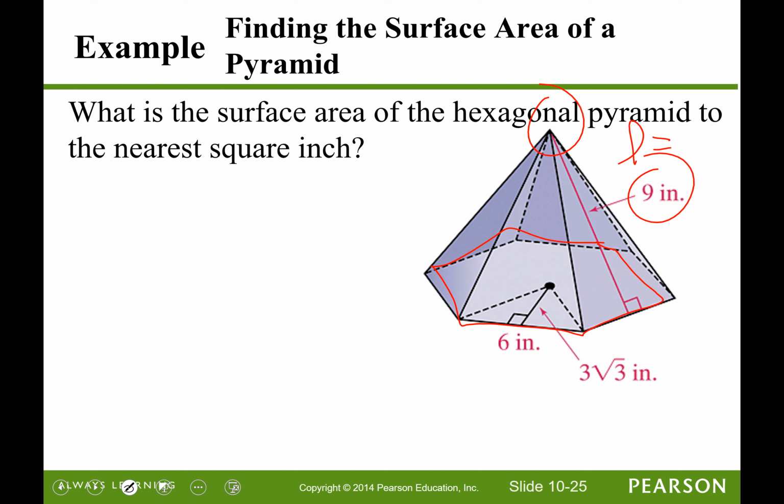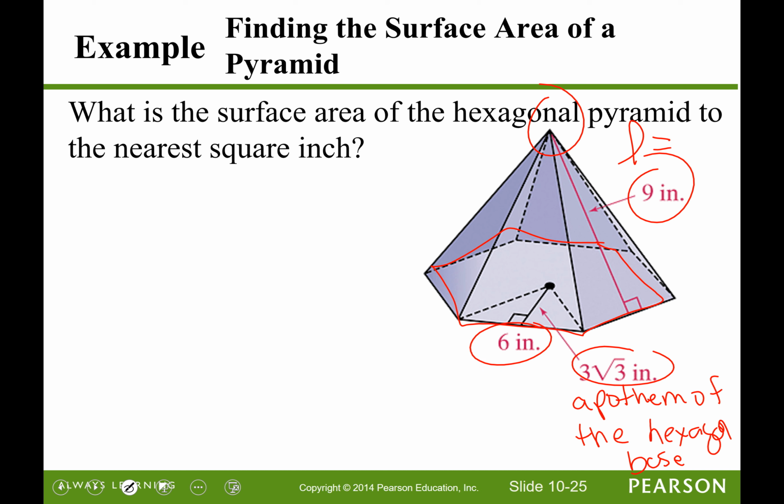We've been given 3 radical 3, that would be the apothem of the hexagon base. And we're given 6 inches, that is the side length of the hexagon base.